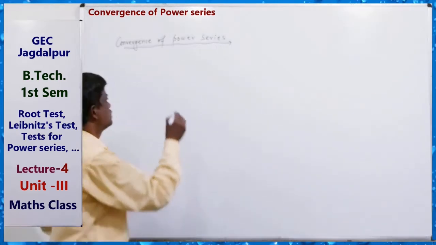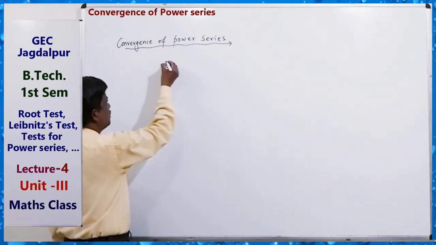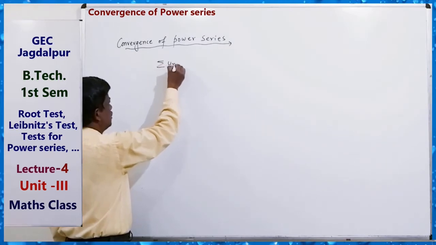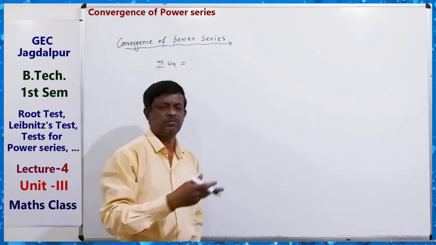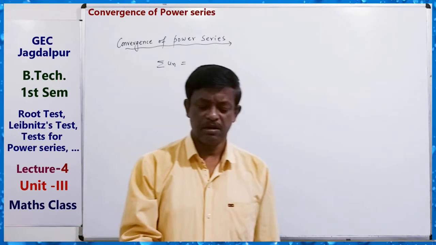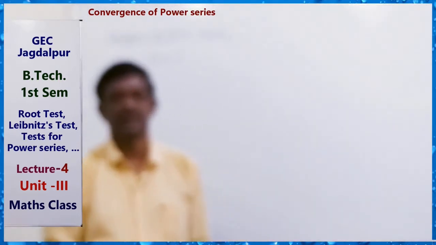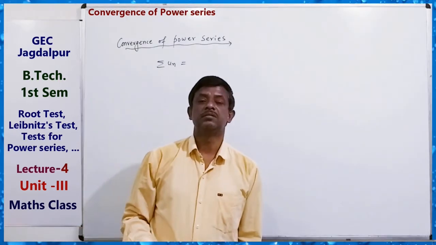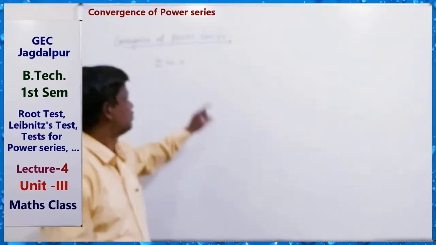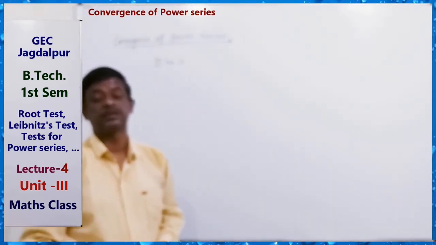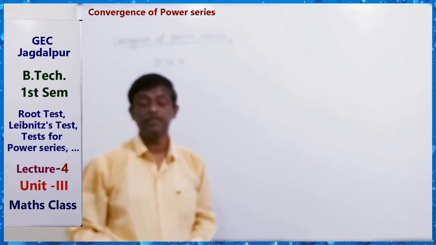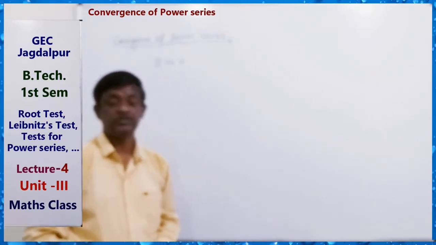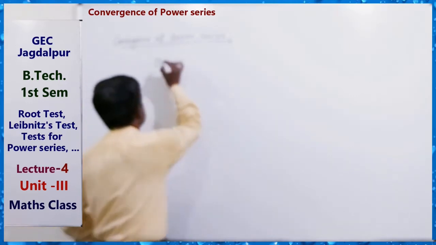Just like this. Suppose power series, sum of un, here only for discussion. Power series, exponential series, binomial series, logarithmic series. What is the interval of convergence? So here, first of all, we try to understand what is the interval of convergence of a power series.